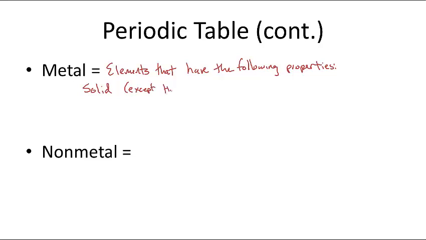That is the liquid that is mercury. They're normally silver or gray. They're usually shiny. So even if you look at mercury, mercury liquid is still shiny.